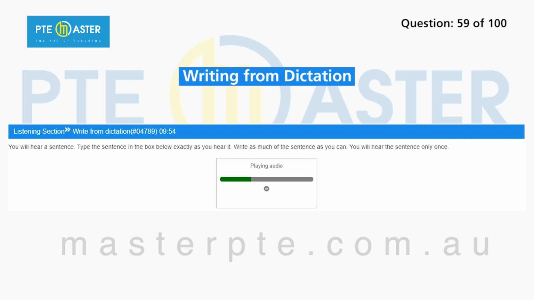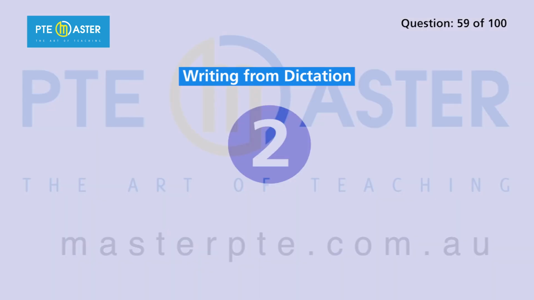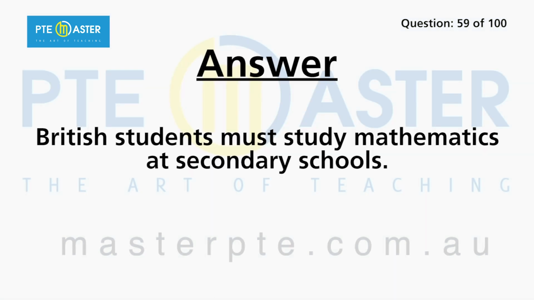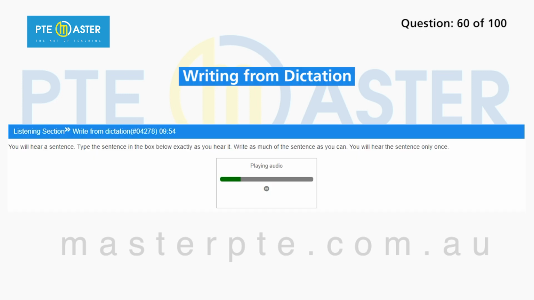British students must study mathematics at secondary schools. Members can contribute to the Association of Operating Firm.